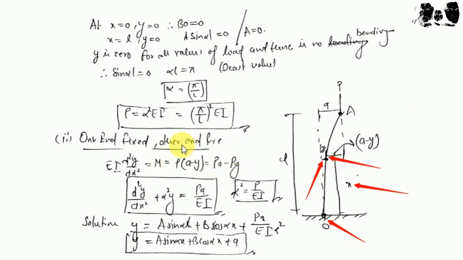In this condition we didn't take the value as negative. The reason is that in the first condition the bending moment generated had its rotation in the downward direction.